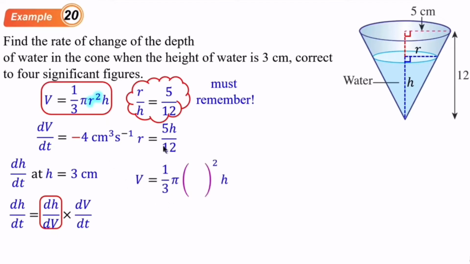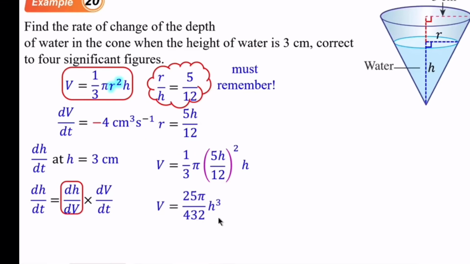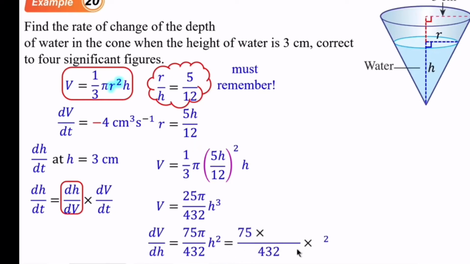Then you have to express r in terms of h. That means r is 5 over 12 h, and you need to square it, right? So if you square the 5h, you will get 25 h squared, and you have to times the h, so it becomes h cubed. So the pi is up, and the 12 squared you have to times with the 3.